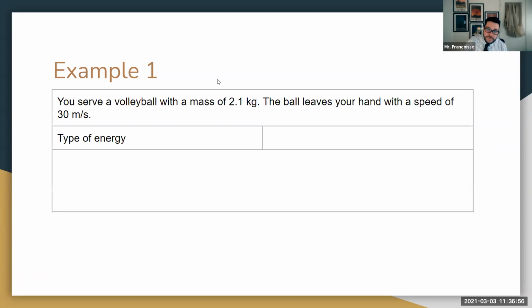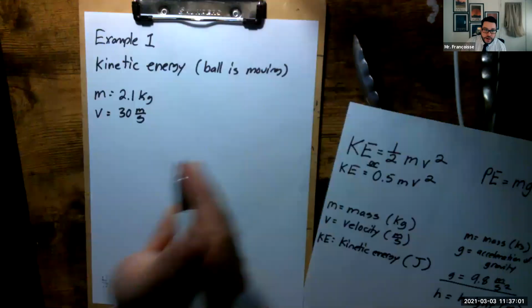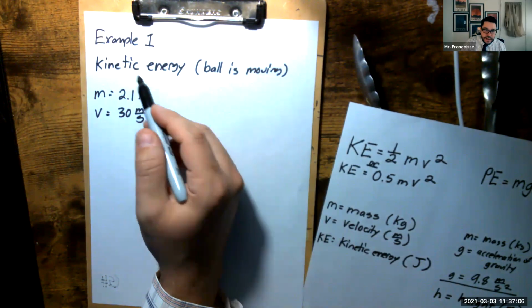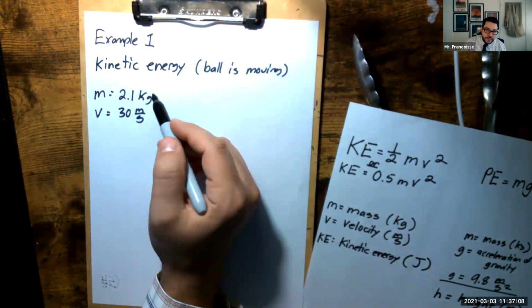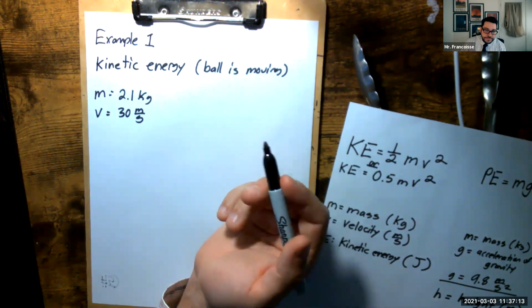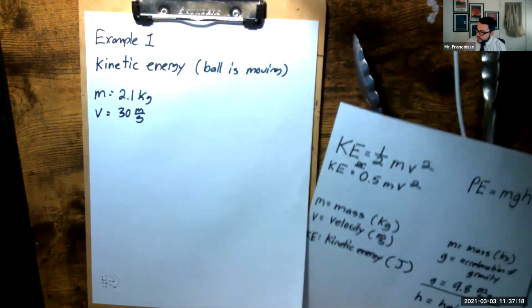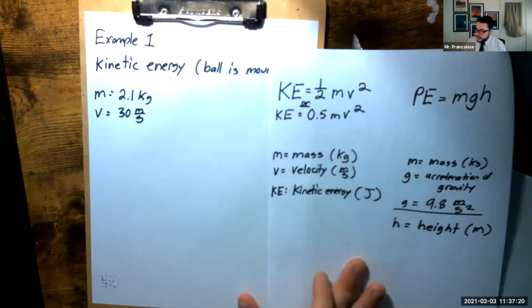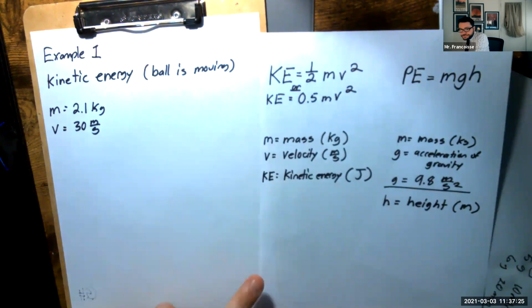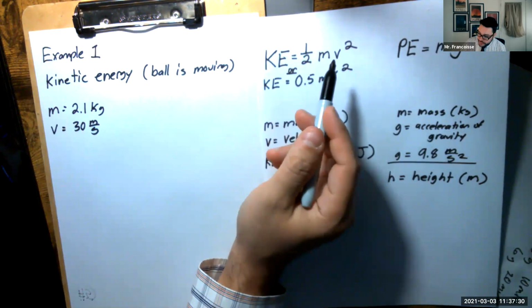So looking at all the info that we took from our slide, let's look at what we're doing here. So we have kinetic energy because our ball is moving. We know that the mass of the ball is 2.1 kilograms and the velocity is going to be 30 meters per second. So looking back at our equations, we're going to use our equation here with kinetic energy.